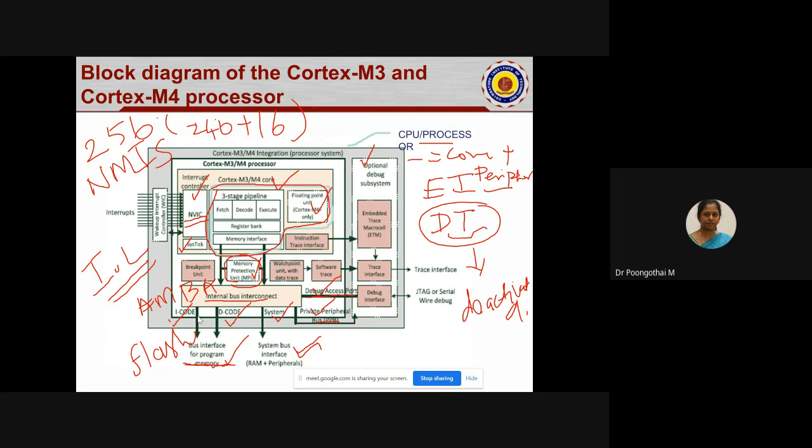Can you understand the difference between the terminology core and processor? This entire thing is called processor, and this is called core. This core may be single core or multiple core based on the requirement. The microcontroller vendor can integrate either single core or multi-core. Is that clear? Yes, ma'am.